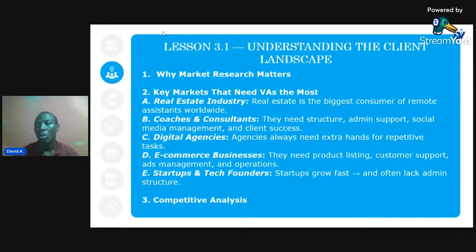What is their strength, their weakness? What do they post about that we are not posting about? What we post about and they're not posting about, this kind of understanding allows you to position DVI more effectively. It gives you the opportunity to position DVI more effectively.